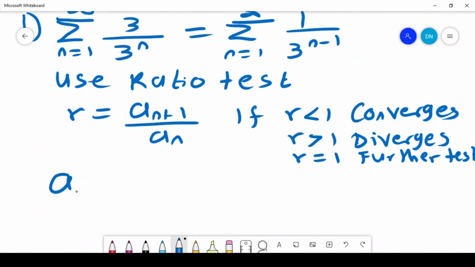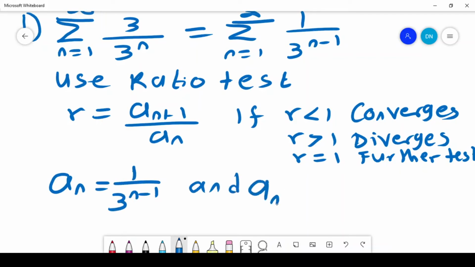From the equation, a(n) is equal to 1 over 3 raised to n minus 1, and then it automatically means a(n+1) will be 1 over 3 raised to n. Therefore now we can get the ratio, which is our R, and see how it goes.